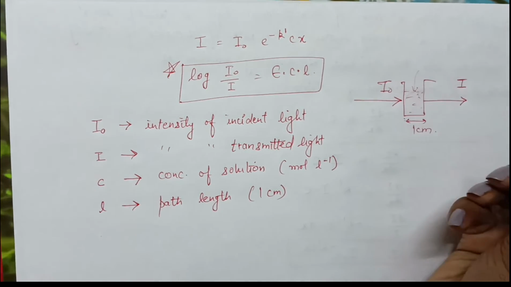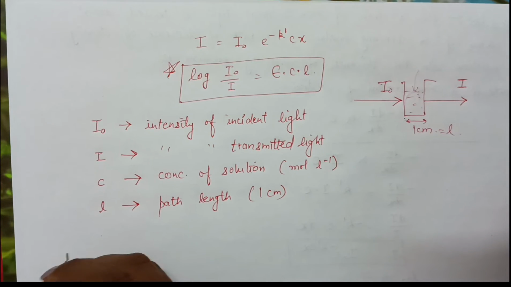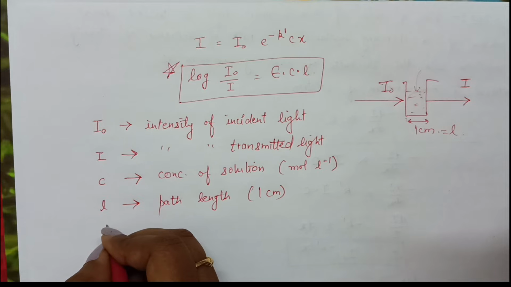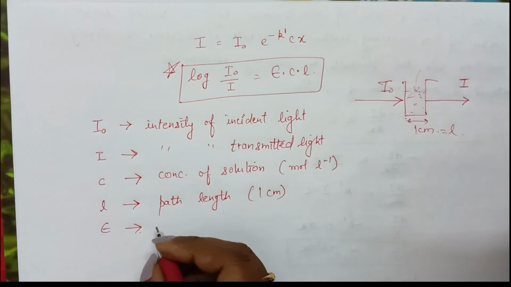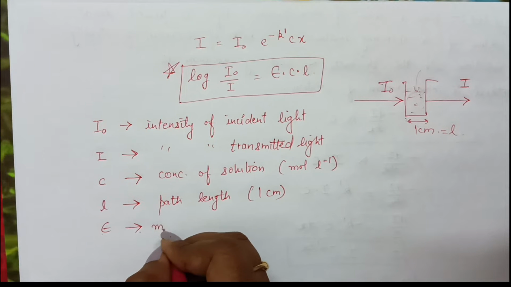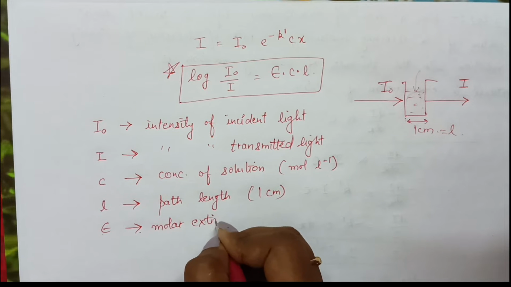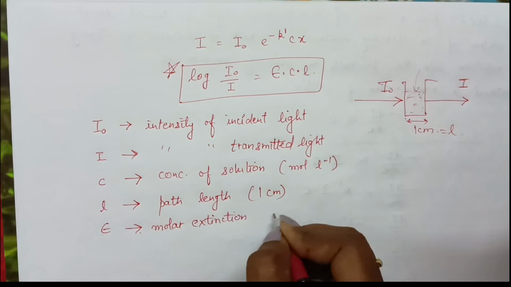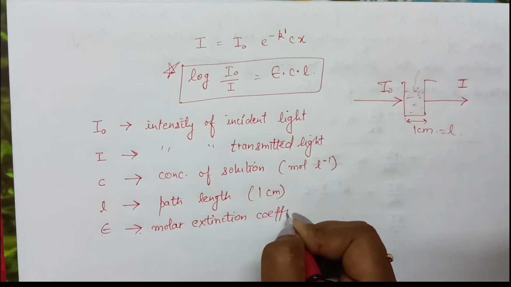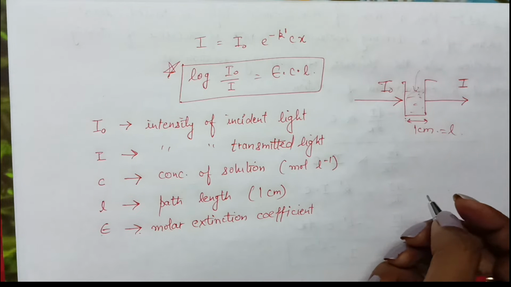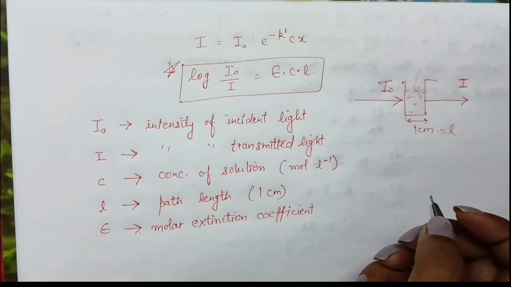That will be generally 1 centimeter. So this is small l. Now moving ahead, epsilon. This is the molar extinction coefficient, or you can say the molar absorptivity.